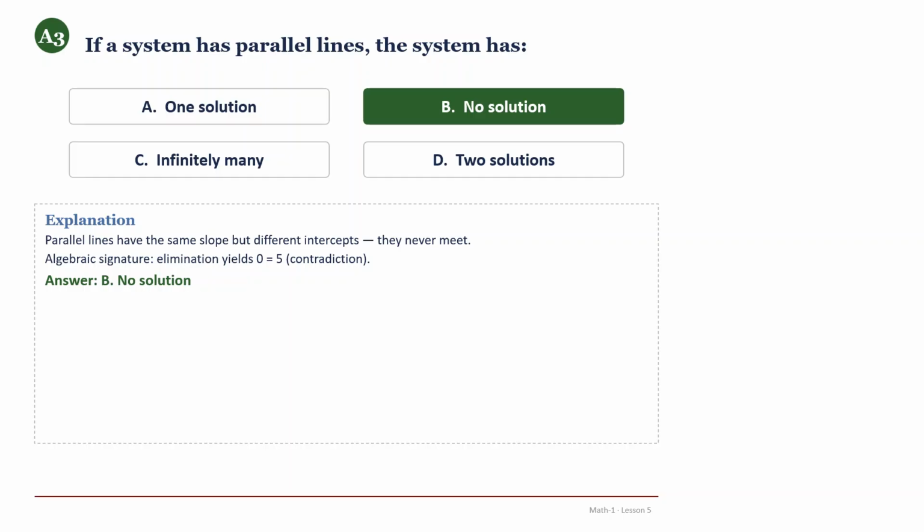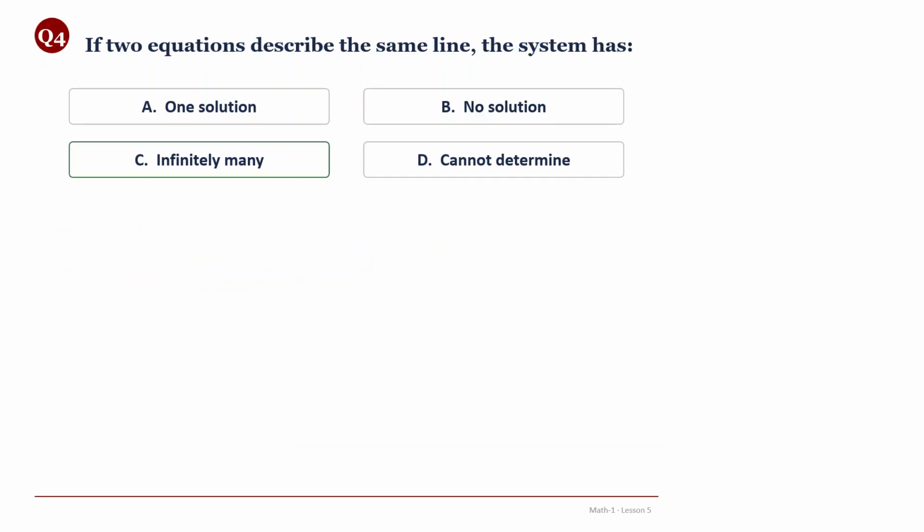When you run elimination on a parallel line system, you arrive at a contradiction like 0 equals 5. The infinitely many distractor confuses parallel lines, which have no overlap, with coincident lines, which have full overlap. And 2 solutions is never an outcome for a linear system. It is always one, none, or infinite.